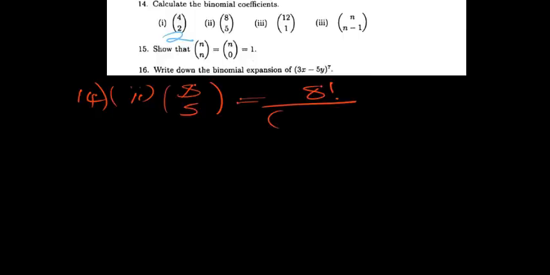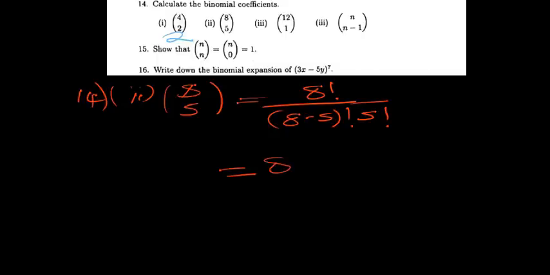And then if we move to the second one, that's 8 choose 5. 8 choose 5 implies you have 8 factorial over (8 minus 5) factorial times 5 factorial. We can reduce all the way up to 5, since 5 is the highest factorial we have.